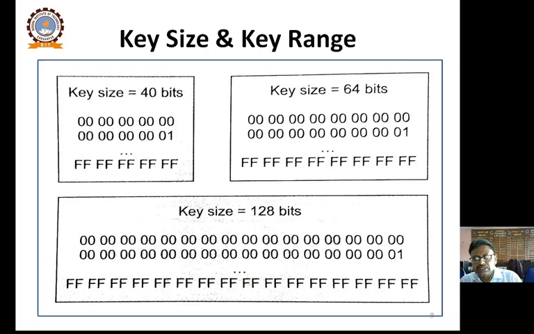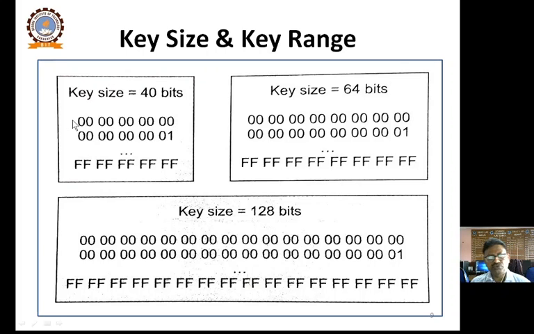Now this is the key size and the key range. The key size is 40 bits. So what will be the range? 40 bits means 40 binary digits, starting from all zeros. It is shown in hexadecimal form, because one hexadecimal digit is equal to 4 bits. So 10 hexadecimal digits will be equal to 40 bits.